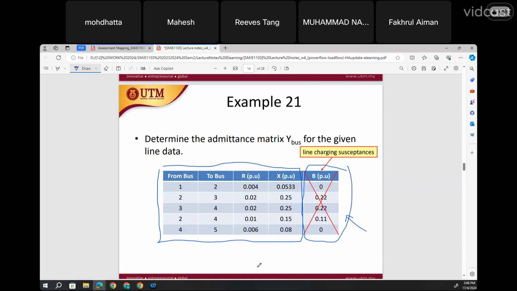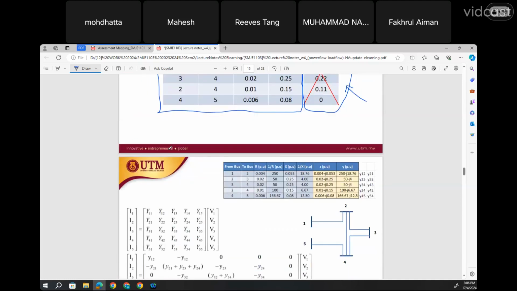And another thing, in the load flow analysis later on, normally this line charging susceptance will be neglected. So why make things complicated, when we can always neglect that. All right, anyway, I have the solution for that one.